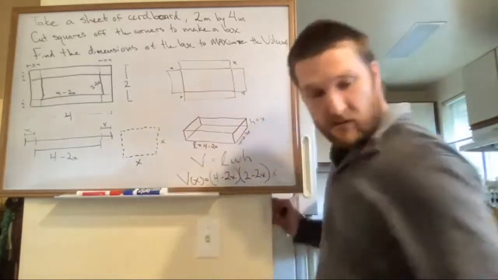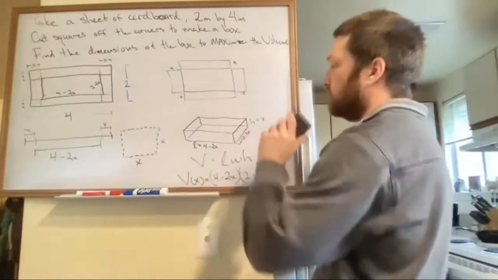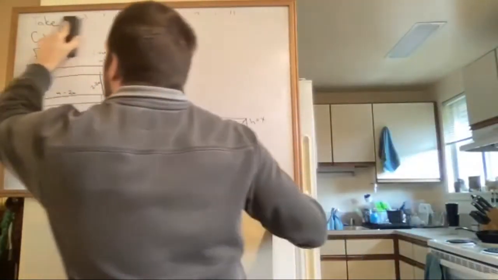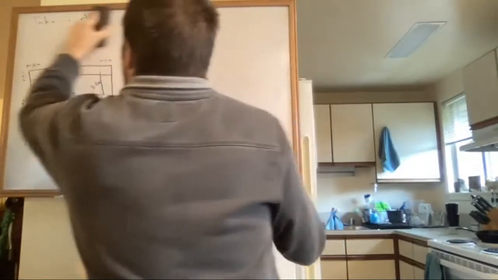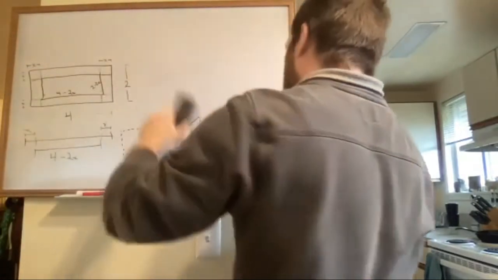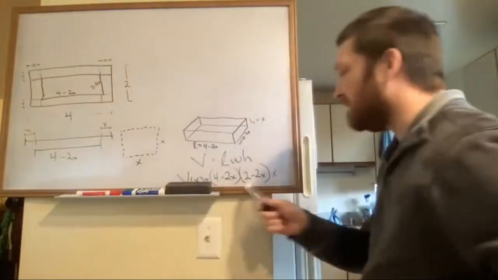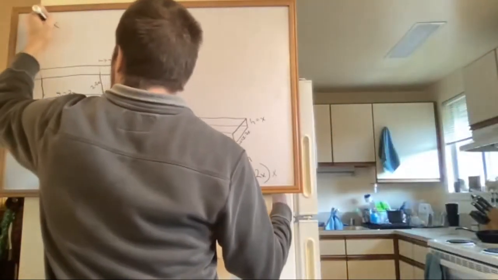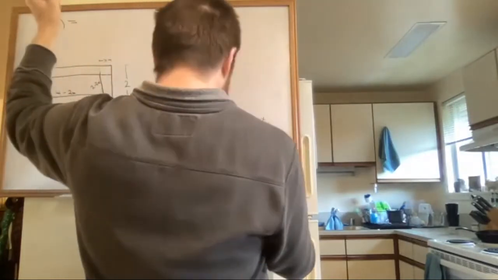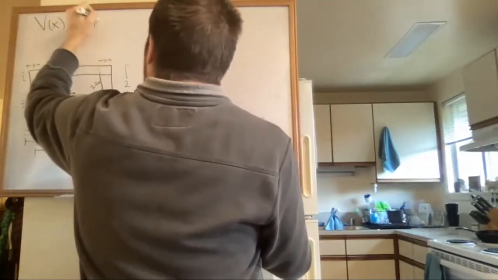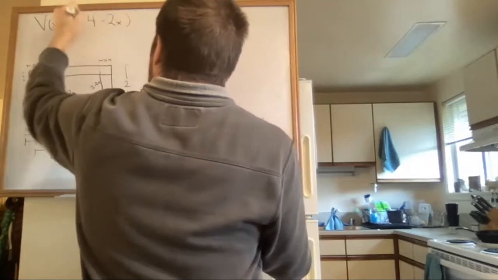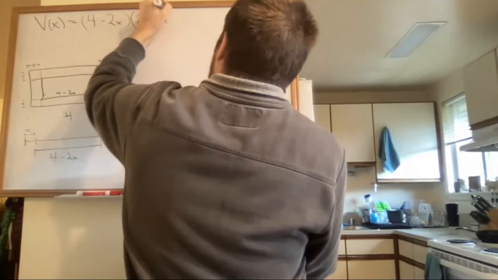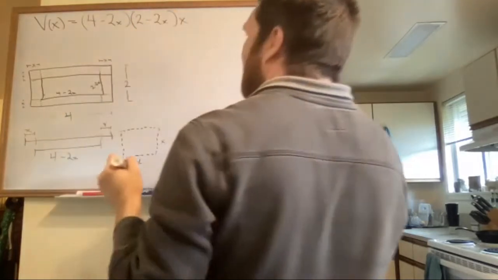Let's clear off some room up here. So getting rid of this stuff, getting rid of the prompt. I'm first going to say, okay, let's copy this V of x down. I have the volume of this box as a function of x is equal to 4 minus 2x times 2 minus 2x times x.